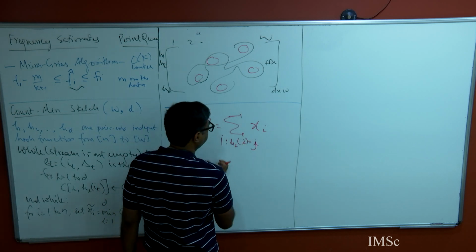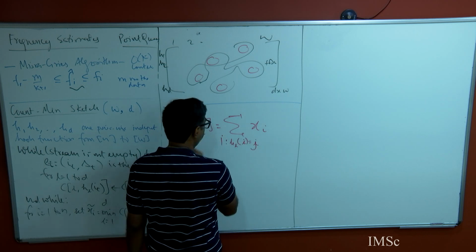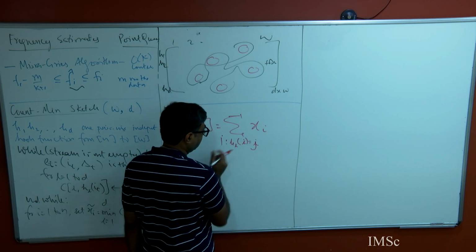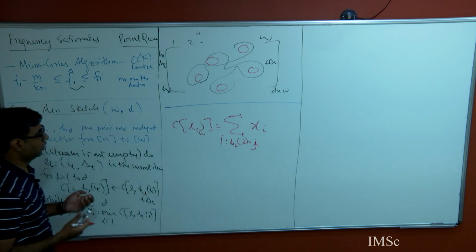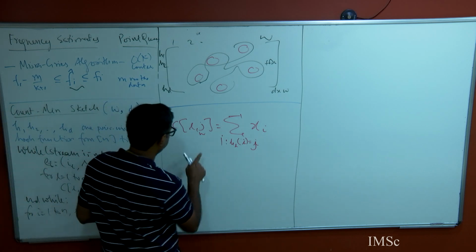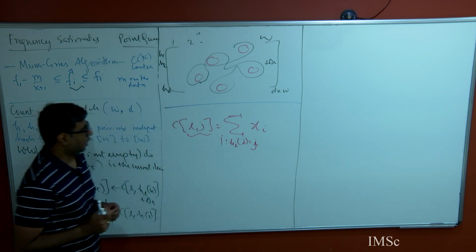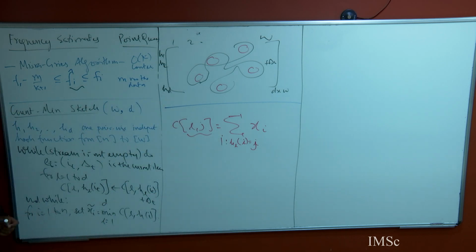So all those items which are sent to the jth location by my Lth hash function. This is basically what this is summing up, and then we did our estimations.